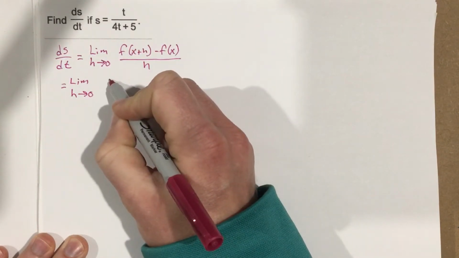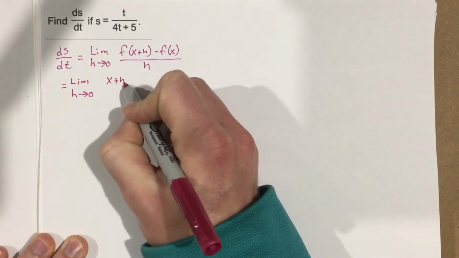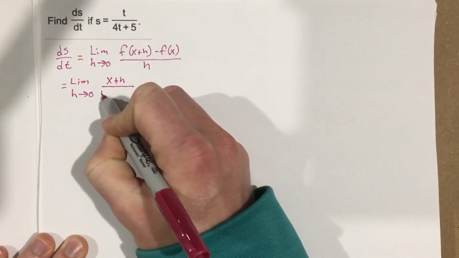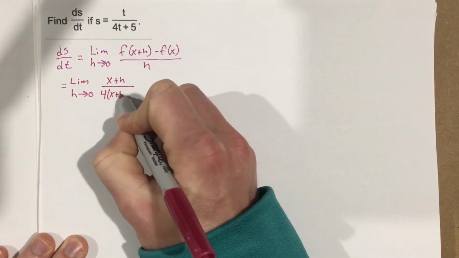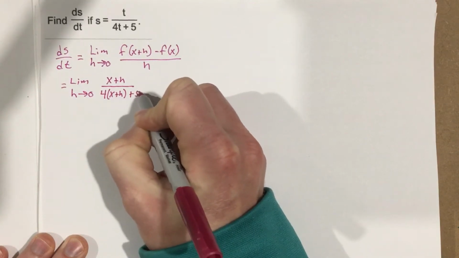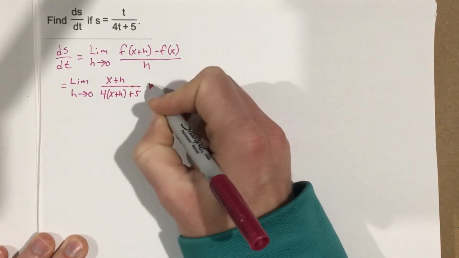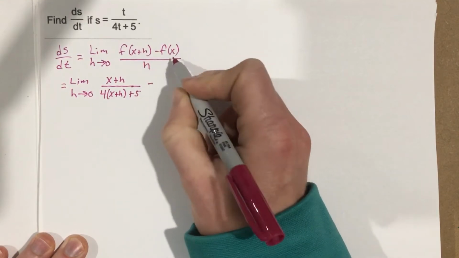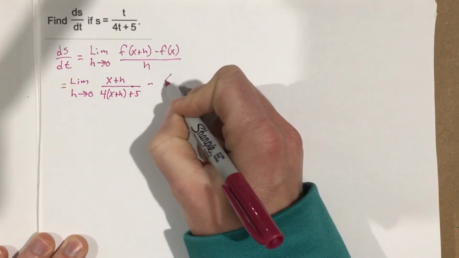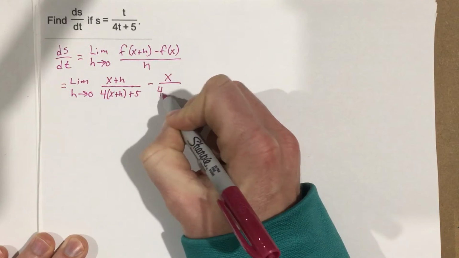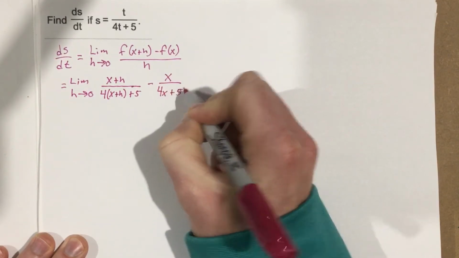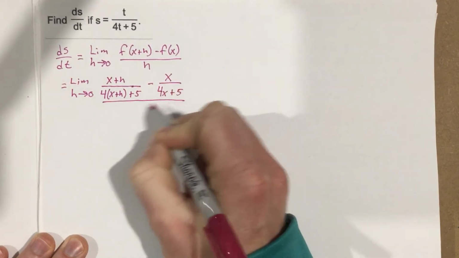We'll get x plus h over 4x plus h plus 5 minus the original function, which will be x over 4x plus 5. That's all over h.